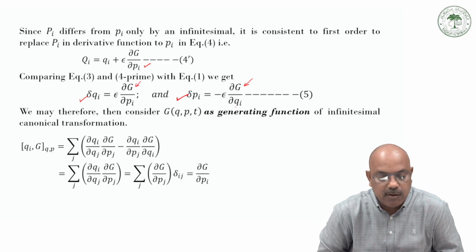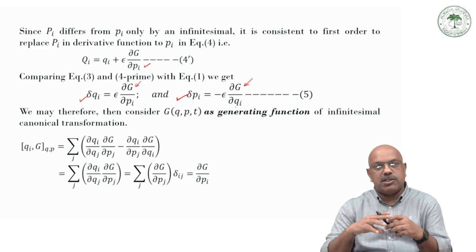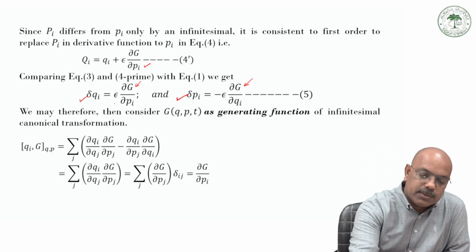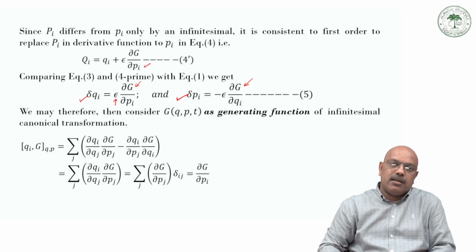So when you are transforming the canonical variables by an infinitesimally small amount, epsilon, the transformation preserves the canonical equations of motion.